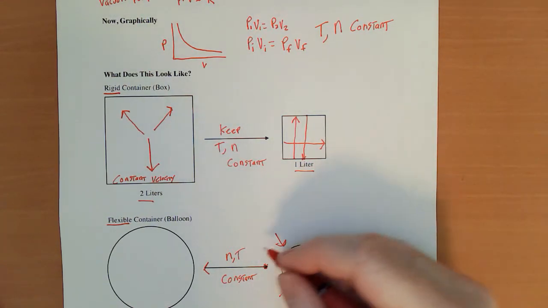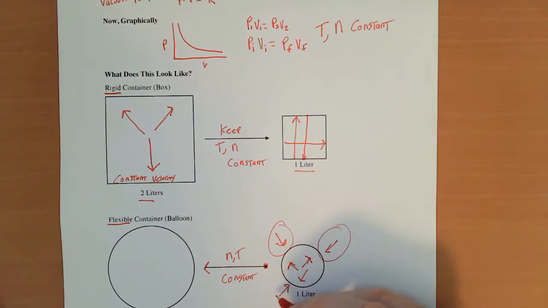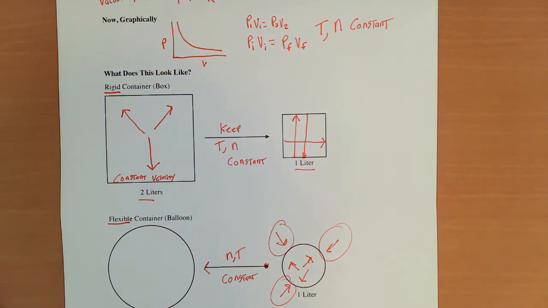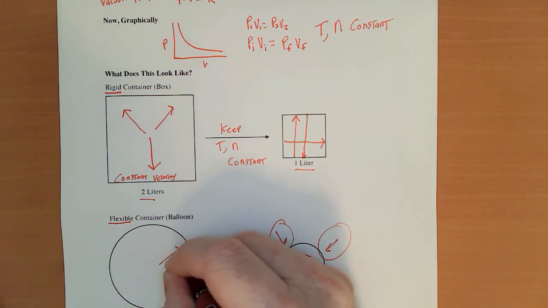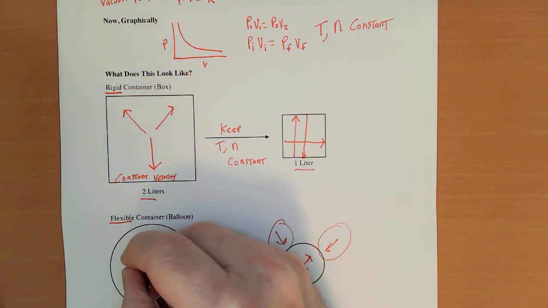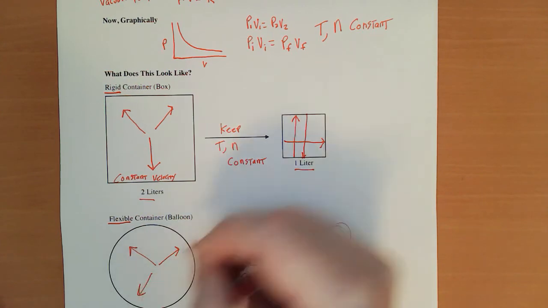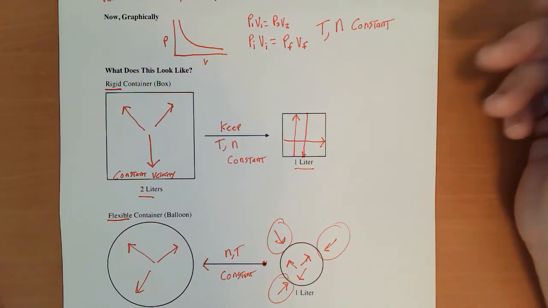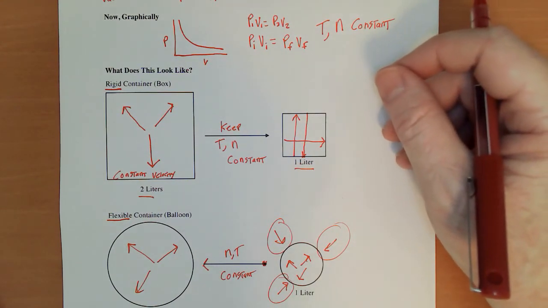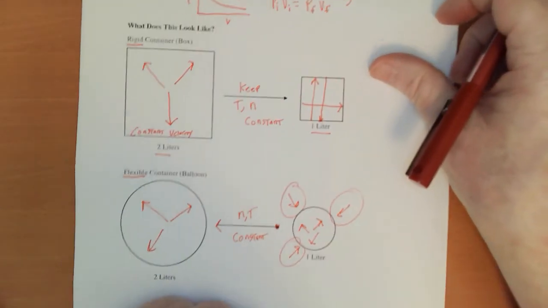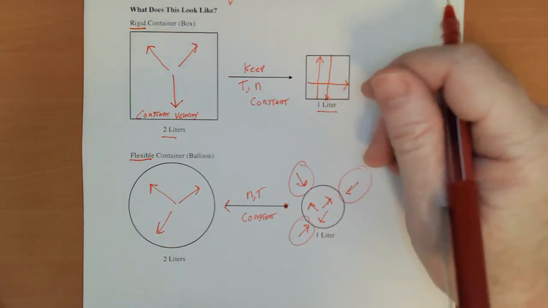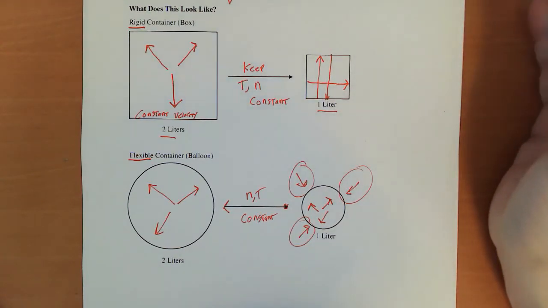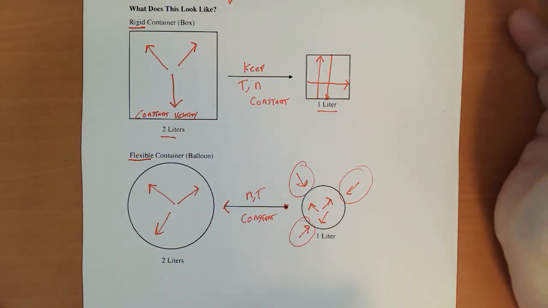In other words, these are going to disappear. Okay? So what's inside is pushing out, but there's nothing to balance it on the outside by pushing in. What happens? That balloon is going to get bigger. These forces are no longer balanced forces.